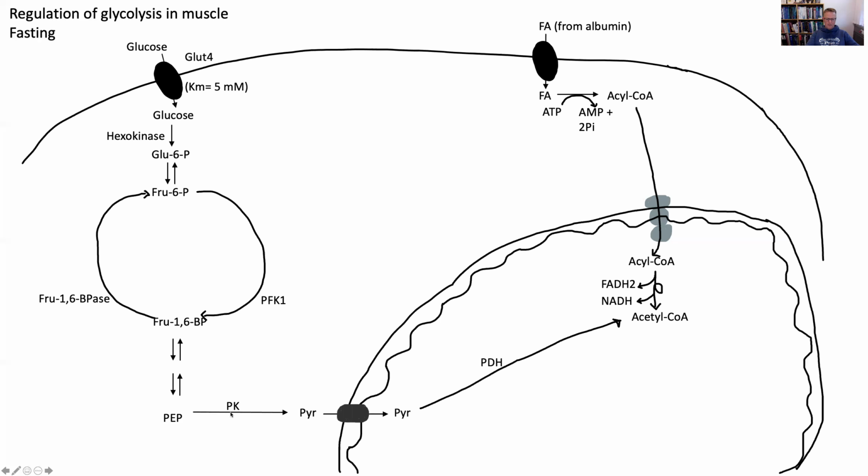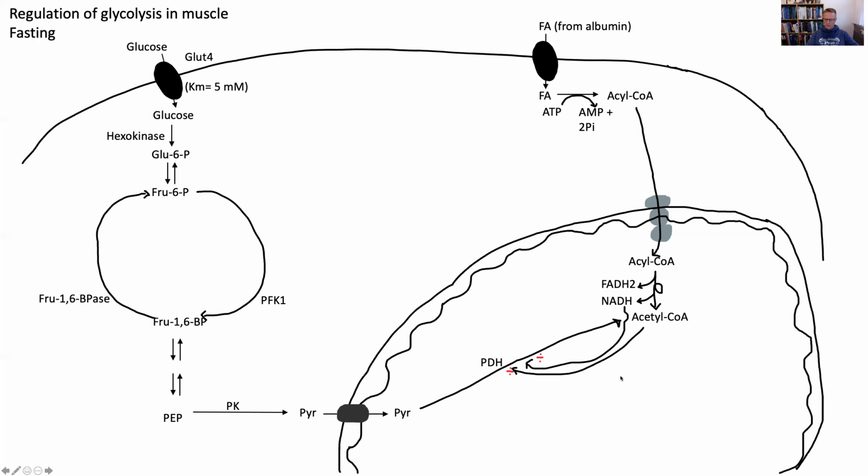Pyruvate can now enter the mitochondria, and in the mitochondria, pyruvate can then be converted via the activity of pyruvate dehydrogenase to acetyl-CoA. And we know that, and this is actually an extremely important point, the acetyl-CoA units and NADH can inhibit the activity of PDH, the pyruvate dehydrogenase.